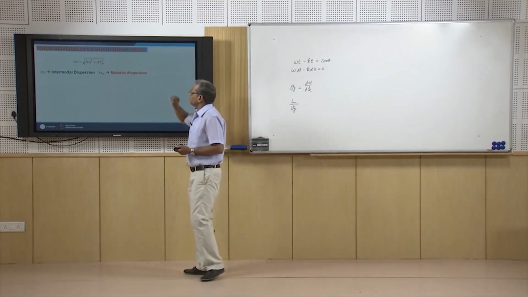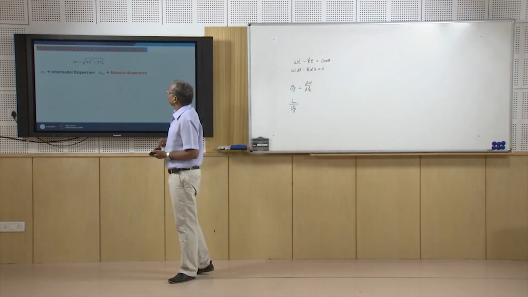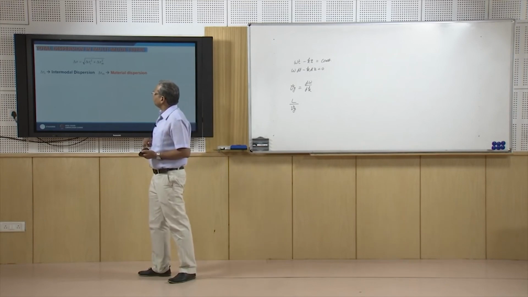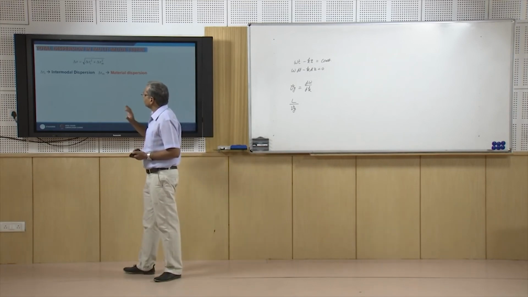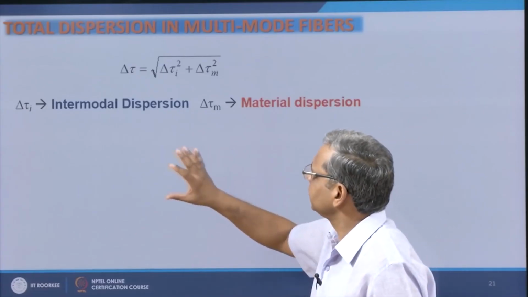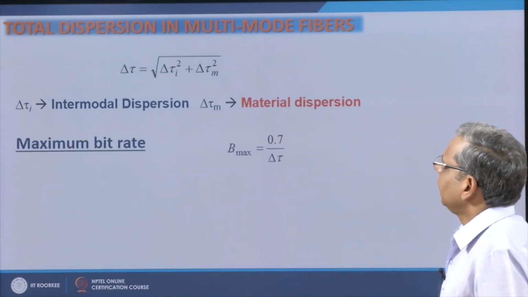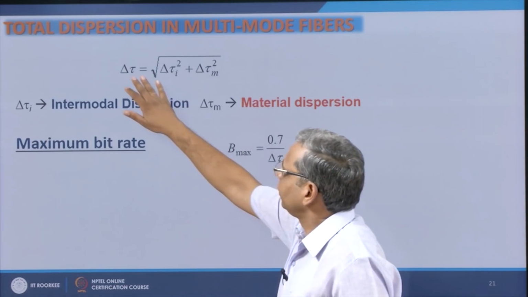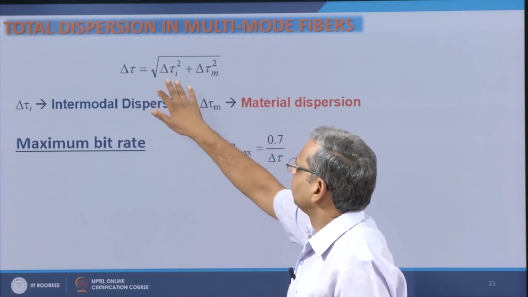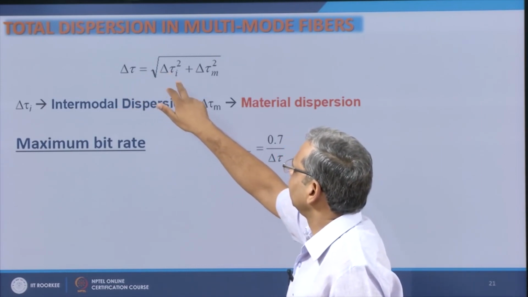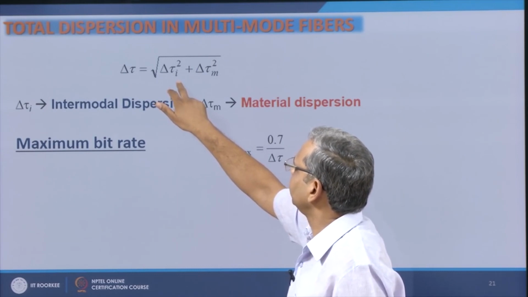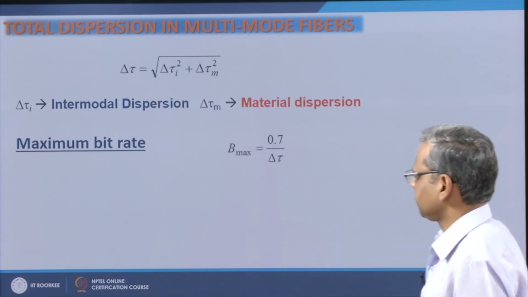Then there is total dispersion in multimode fiber. Total dispersion will comprise both the intermodal and material. So I can find out the total dispersion by using the information of intermodal as well as material dispersion.